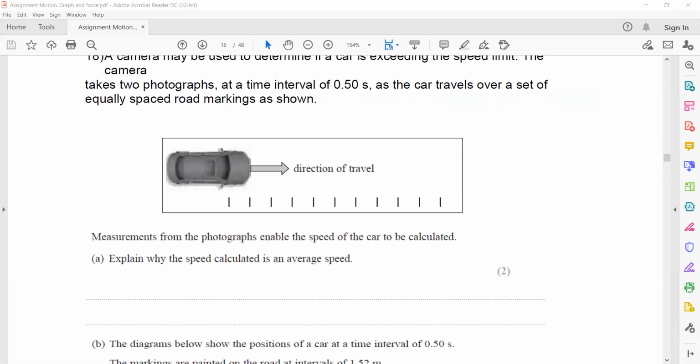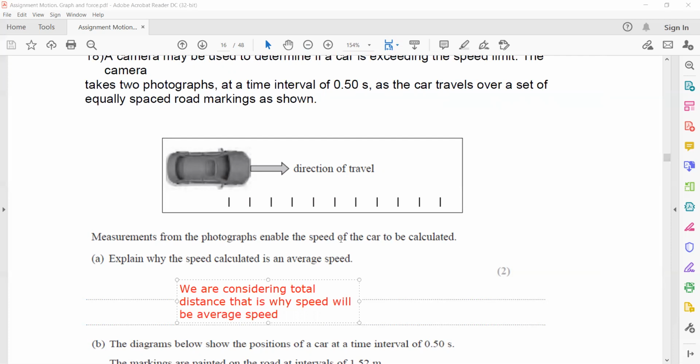Why do we call this an average speed? We are not taking a short time interval, we are taking a total distance. That is why the speed will be average speed.